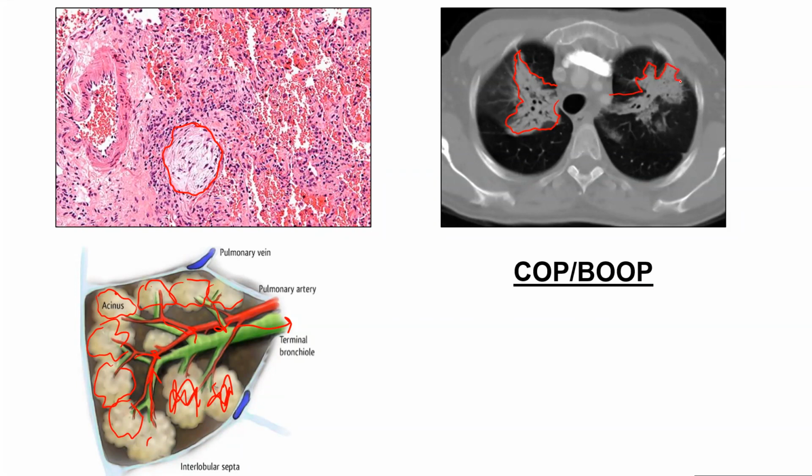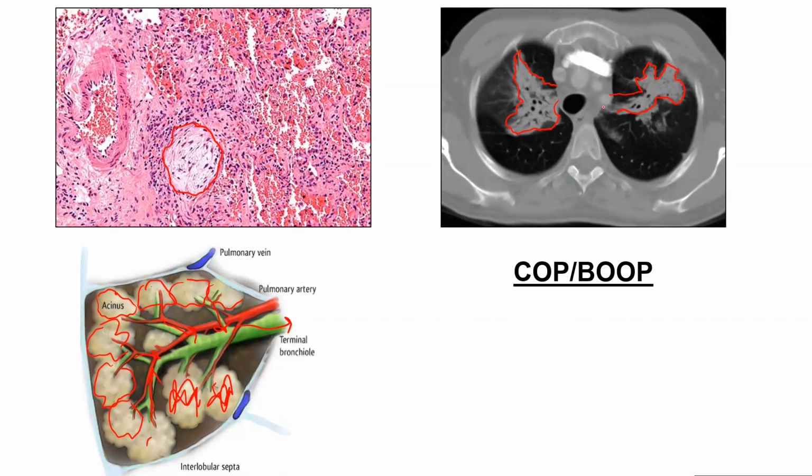The way it usually presents is almost exactly like pneumonia. These patients will present with coughing, shortness of breath. They can even have fevers, so it should be on your differential. The injury that can cause COP or BOOP is really pretty much anything.